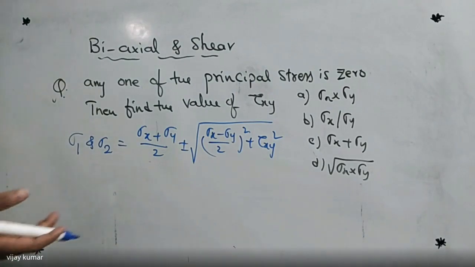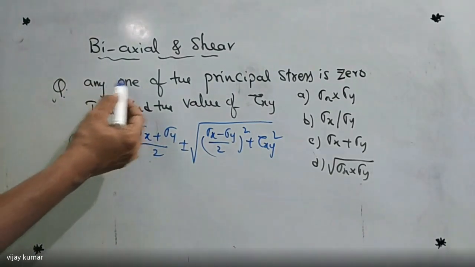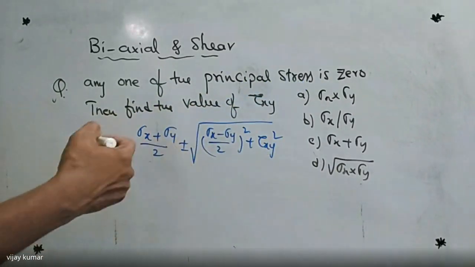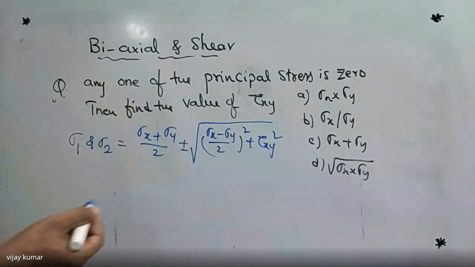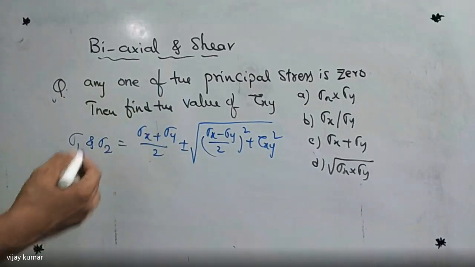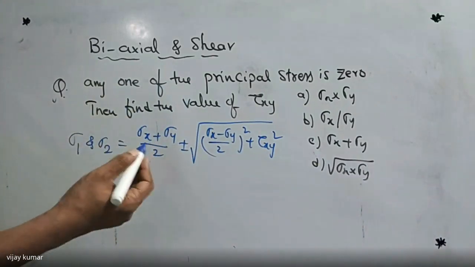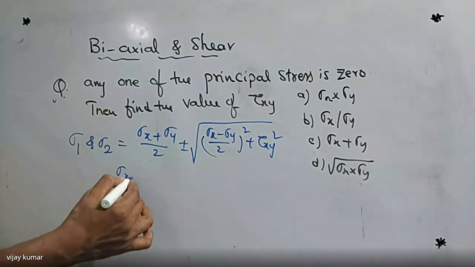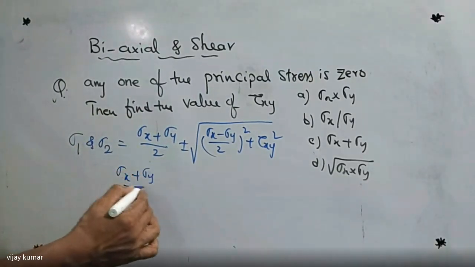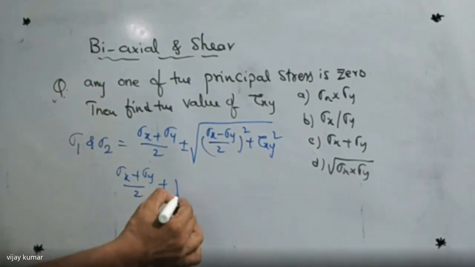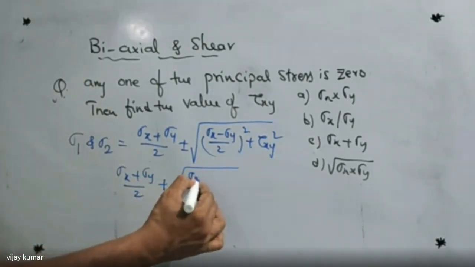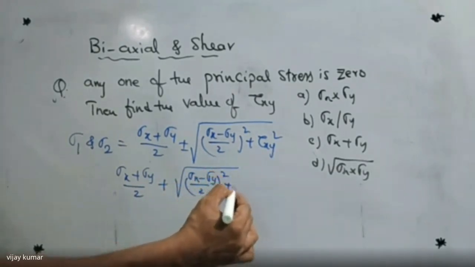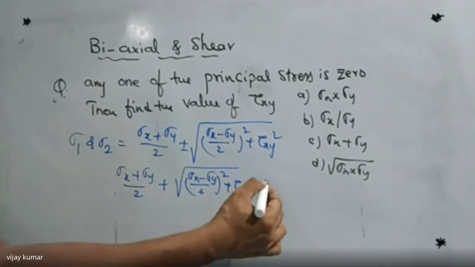Now here, what is the question given? Any one of the principal stresses is zero. So here there are two principal stresses. We can take any one, either maximum or minimum, as you wish. So I am taking maximum here. So sigma x plus sigma y by 2 plus square root of (sigma x minus sigma y by 2) whole square plus tau xy square must be equal to 0.